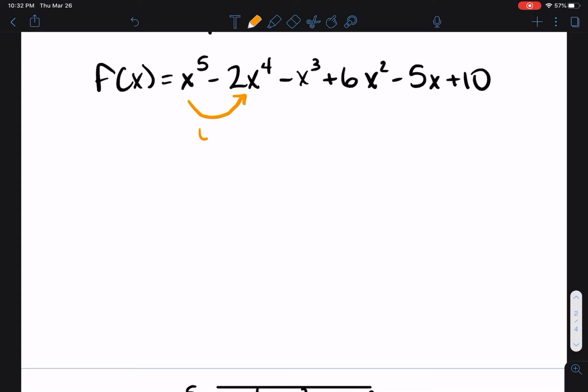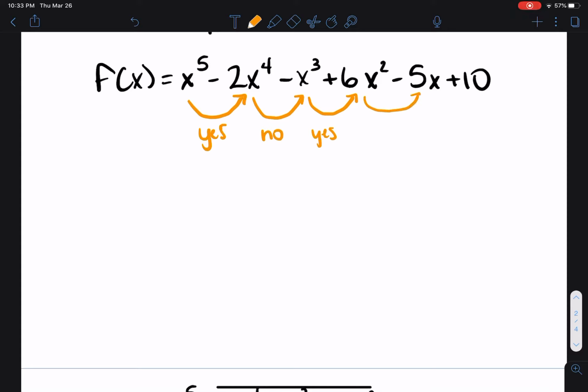So I'm going to write yes, they change. What about from this term to that term? We have a negative 2x to the fourth and a negative x to the third. So no, they don't change there. From negative 1x to the third to positive 6x to the second, we change signs.